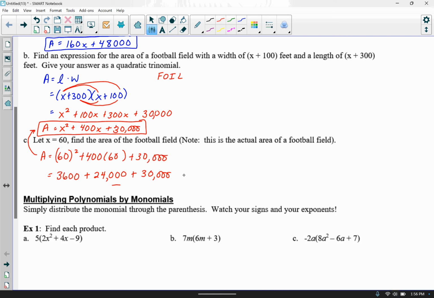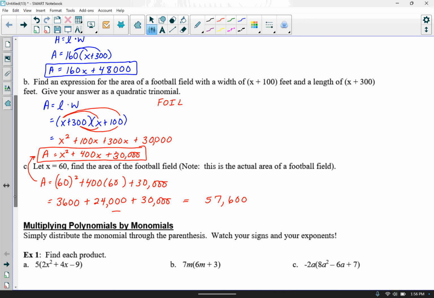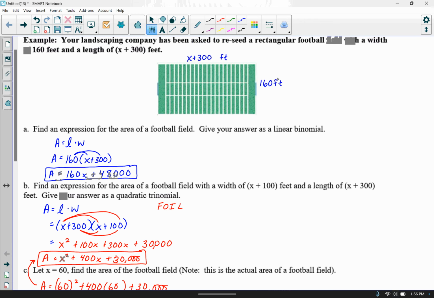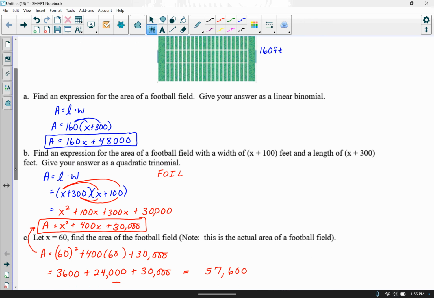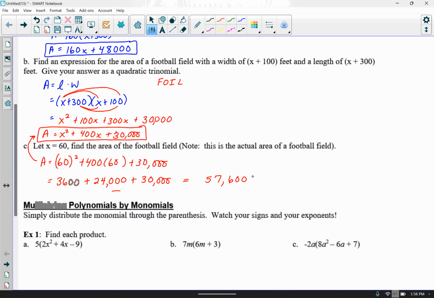Then I can add all of that together, and that should land you at 57,600. And since we're talking about area, with feet times feet, the units would be square feet. That would be our final answer.